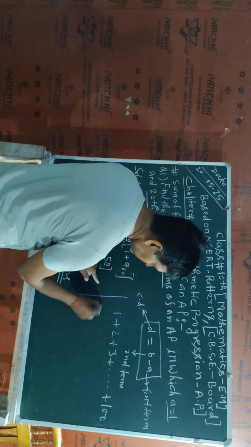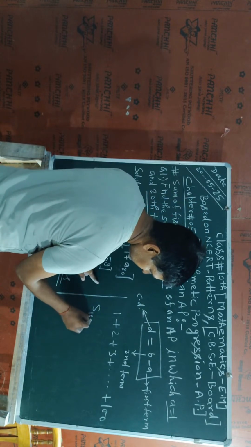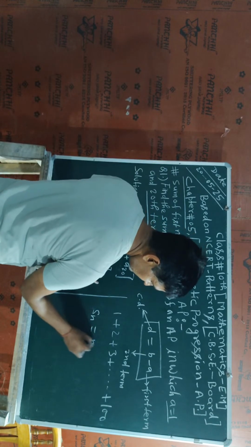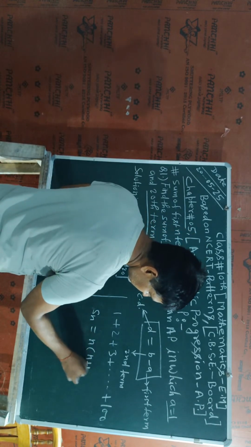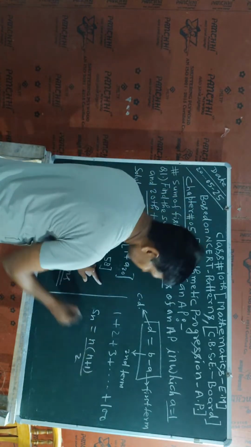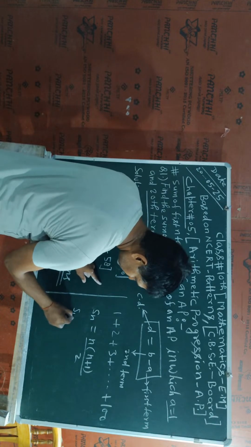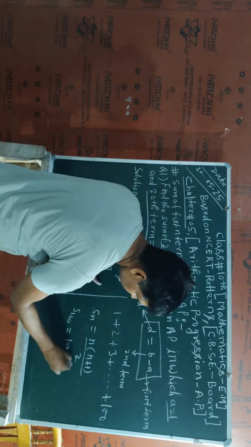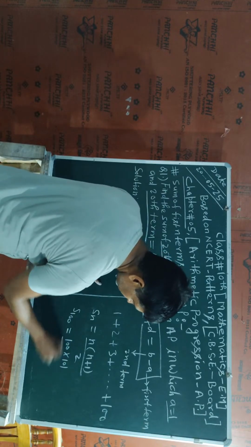Its sum will be S100. I am going to write S n equals n into n plus 1 divided by 2. Here you have to put the value of n, that is 100. So S100 is equal to 100 into 100 plus 1, that is 101, divided by 2.